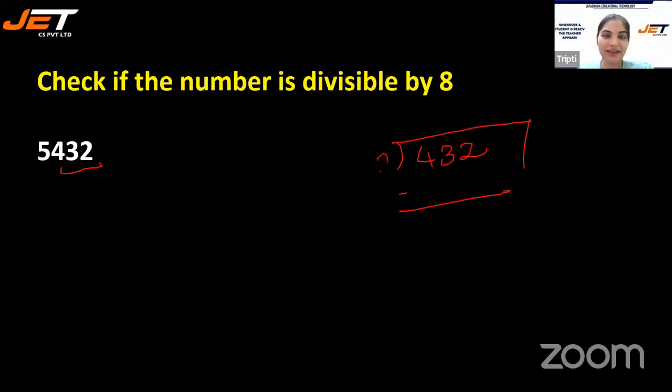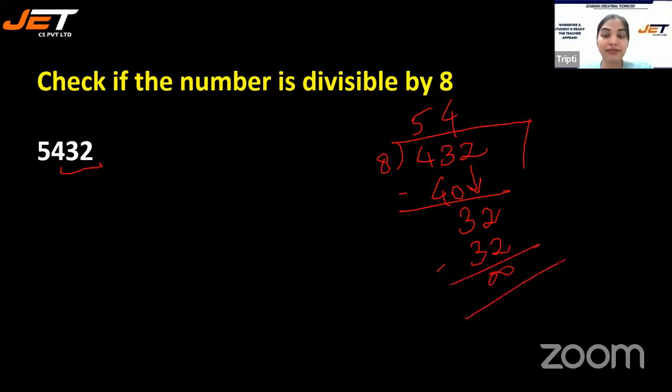It was in my mind as 8 only. 8 times 5 is 40. 43 minus 40 is 3, bringing down 2. 8 times 4 is 32. See, I took this number randomly, and I can see that 432 is exactly divisible by 8. That means this number, 5432, is also exactly divisible by 8.